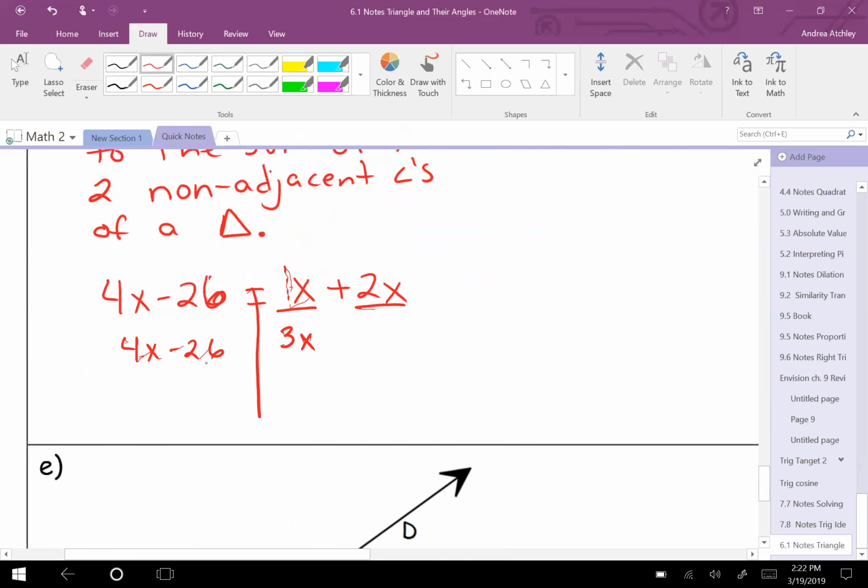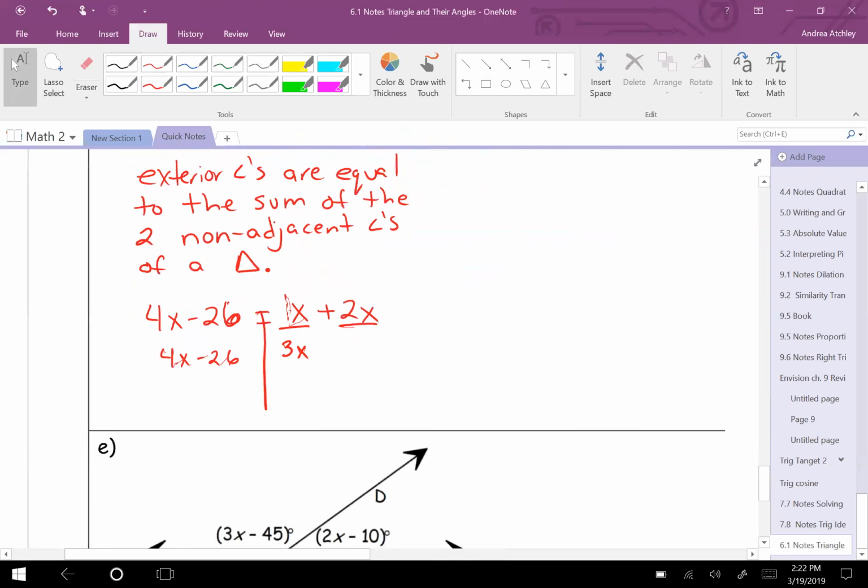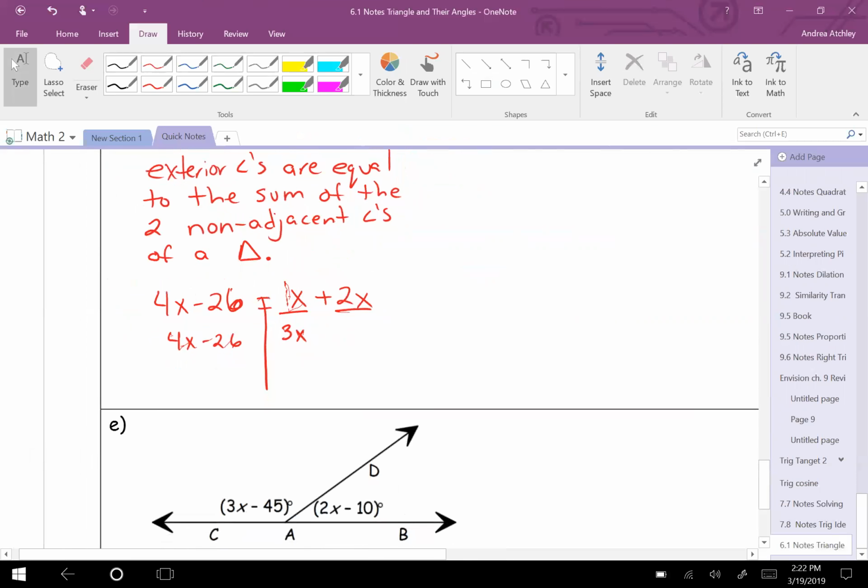You have 4x minus 26. And I want my variables on one side and my numbers on the other. So I'm going to move the 4x over here with the 3x. That's going to give me negative 26 is equal to 3 minus 4, which is negative 1x. Then divide by negative 1, and I get x equals 26.